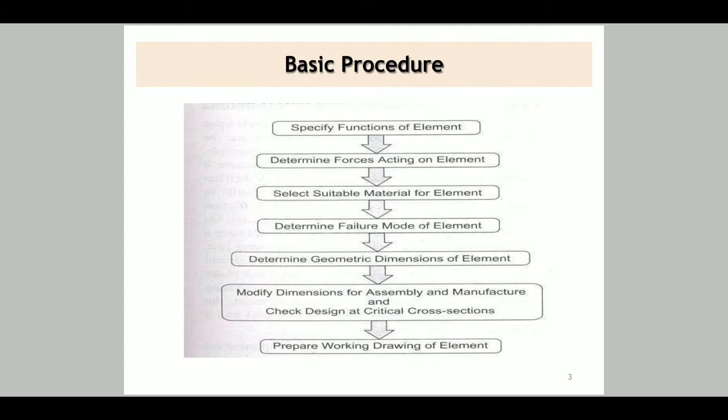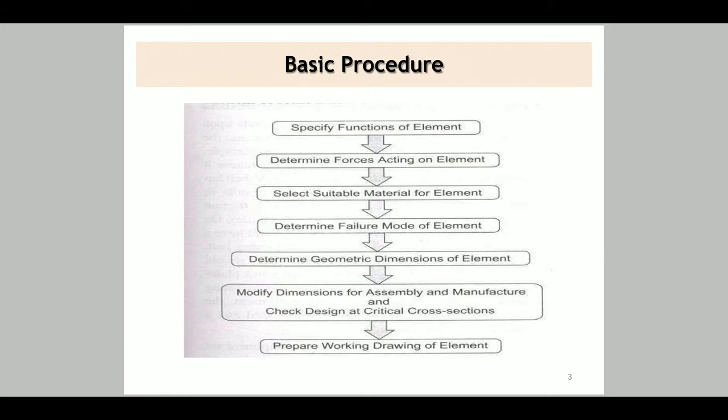Next is to determine the forces acting on the element. There are lots of forces acting on the system while it performs, that we have to consider in the design.